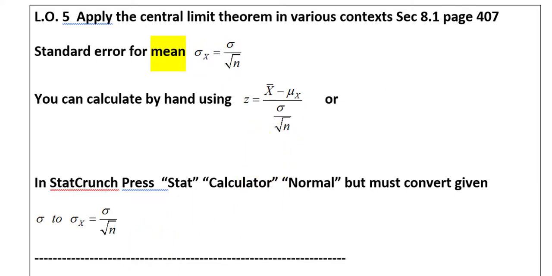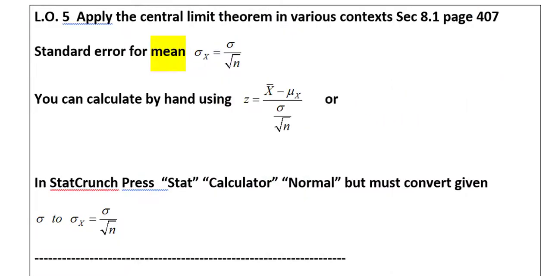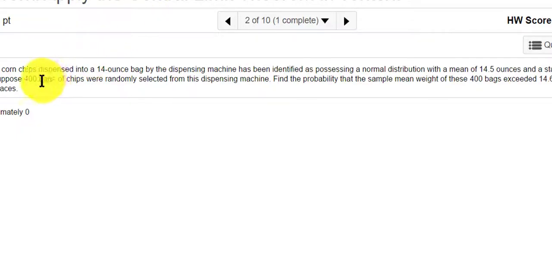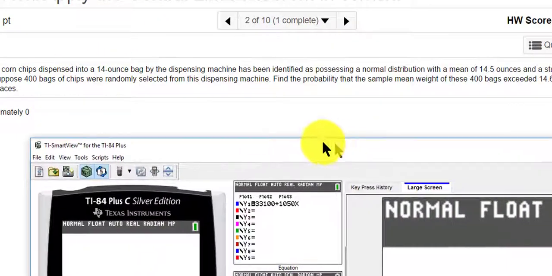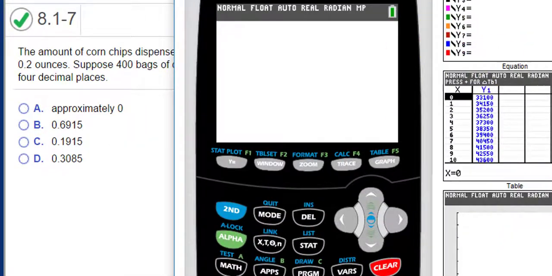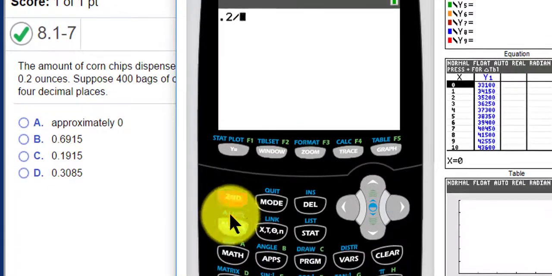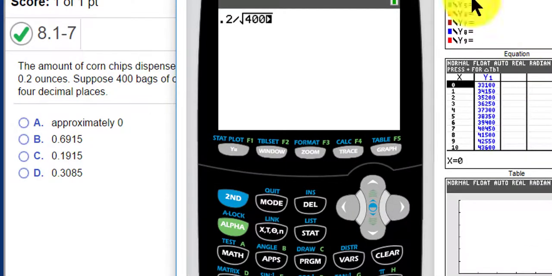So if I do that in my calculator, let's just go back to the problem. Yeah, here we go. The original standard deviation was 0.2. Let me enter that, 0.2, divided by the square root of our sample size, which I believe was 400.